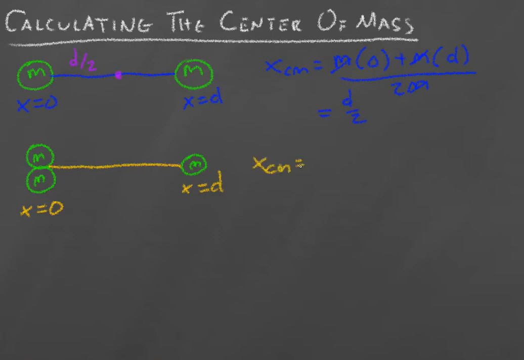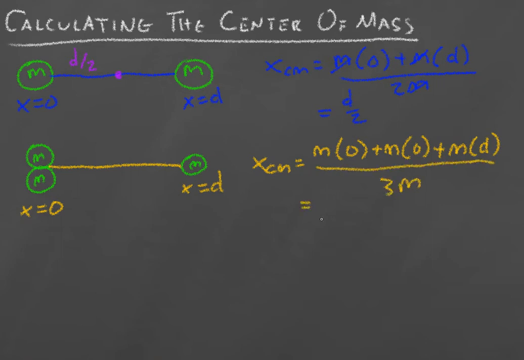So now our center of mass is m, the mass of the first particle times 0, plus the mass of the second particle times its position, plus the mass of the third particle times its position, and divide by the total mass. So we see that we get a center of mass at d over 3.